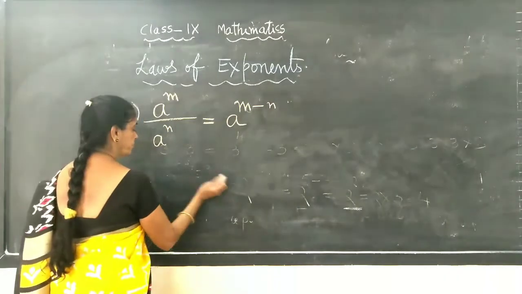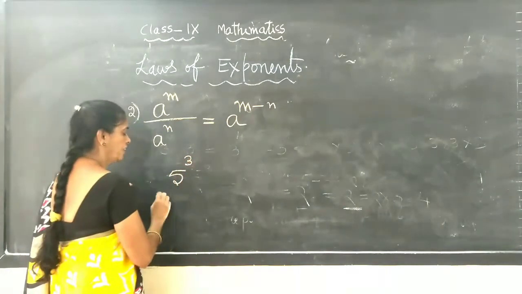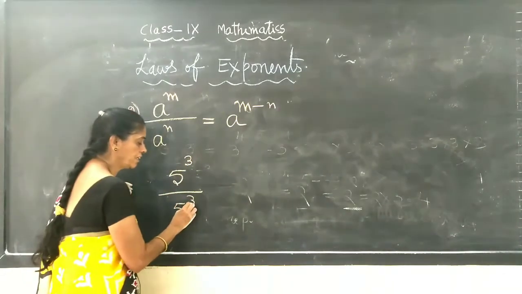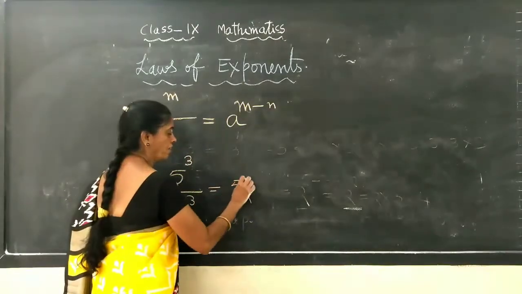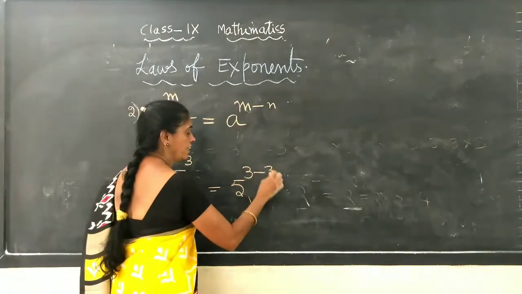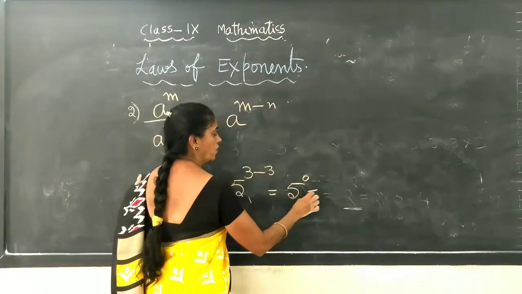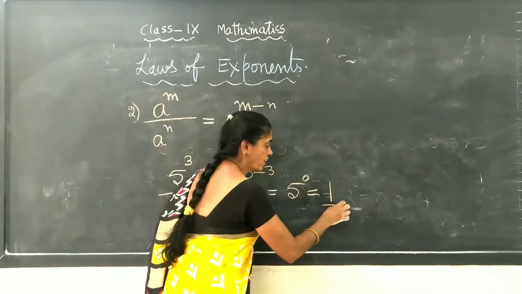Example, 5 to the power of 3 divided by 5 to the power of 3 is equal to 5 to the power of 3 minus 3, is equal to 5 to the power of 0. Any base to the power 0 is 1.